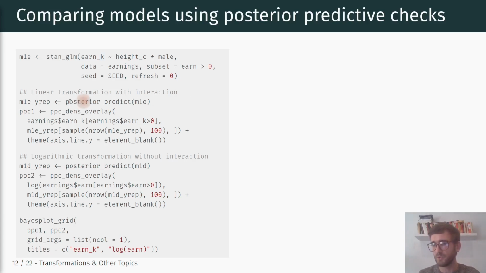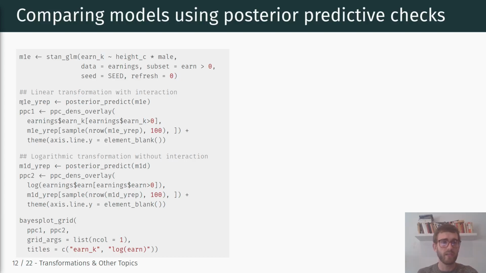The first thing we do is we create our predictions from the posterior distribution using posterior_predict. So this is just creating predictions for each observation in our data based on the simulated draws from the posterior distribution for each of those coefficients. So it takes into account the estimation uncertainty as well as the predictive uncertainty, right? So we have individual predictions for each observation that take into account that uncertainty.